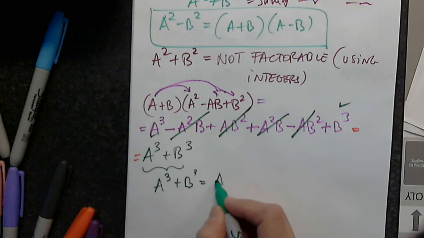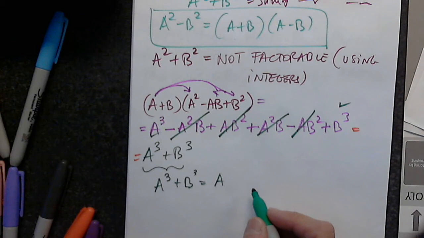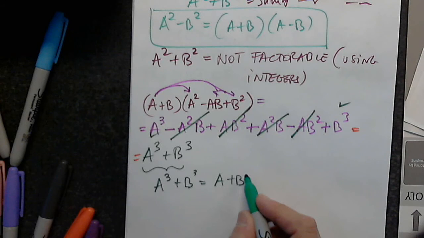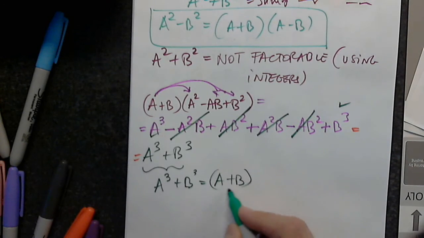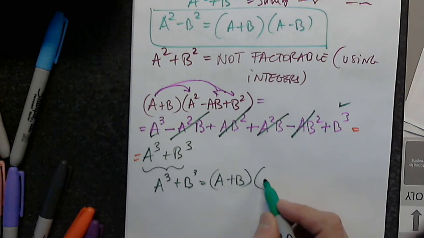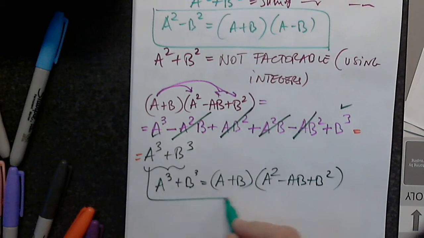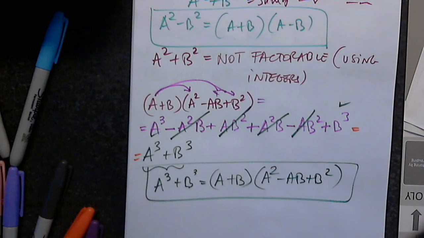A plus B in a parenthesis, rounded. And then another parenthesis, and then it's A squared minus AB plus B squared. So this is the way we factor the sum of cubes.